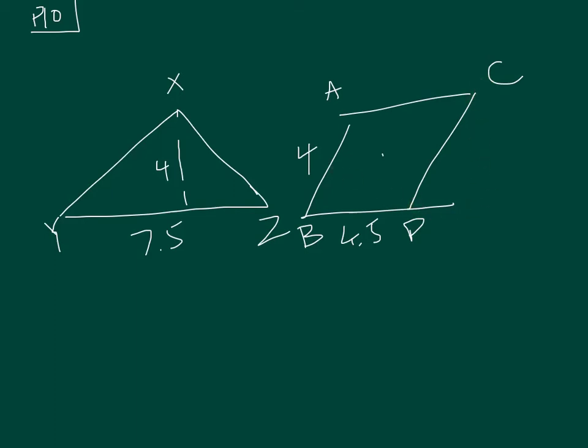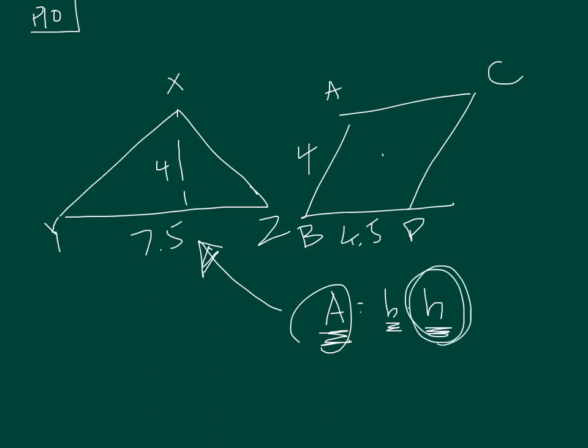It's easy to find the area for the triangle because you know the base and the height. But without knowing the height of the parallelogram, you cannot find the area, but we know what the area is. So base times height is area, and we know the base, and we also know the area. That area should be congruent to this area right there. So we only have one variable, so what would be the height?